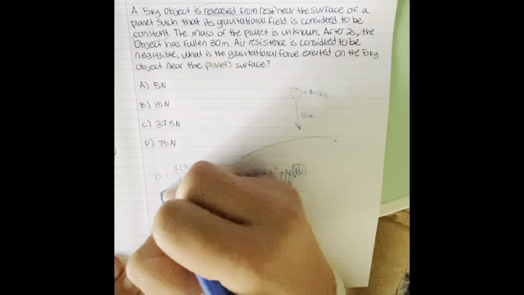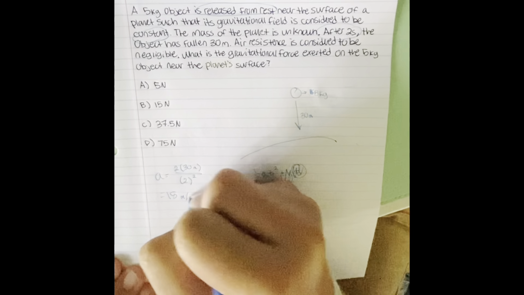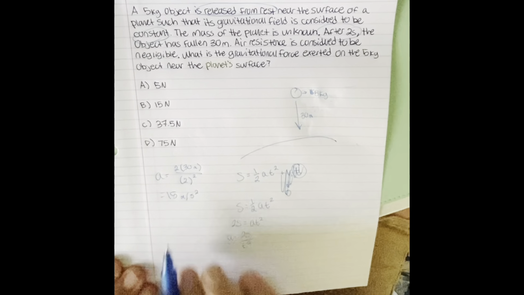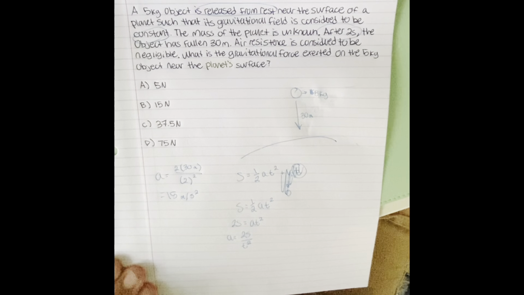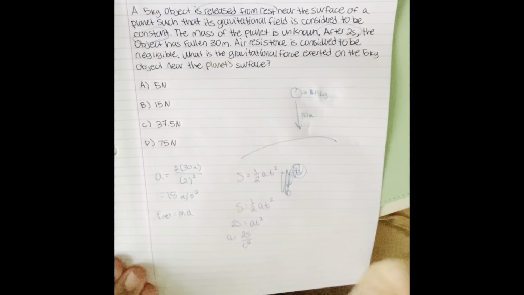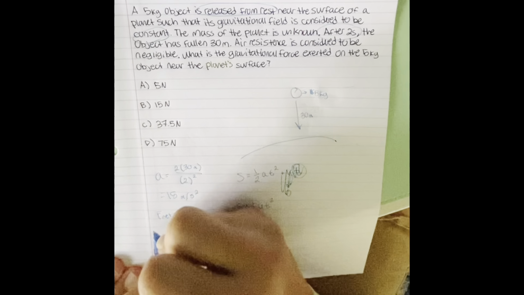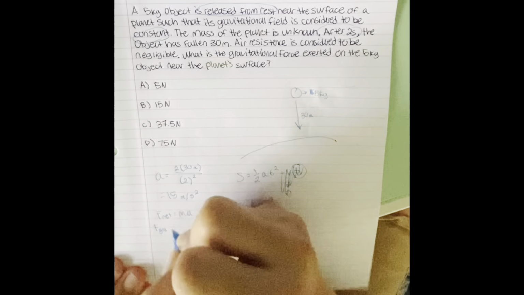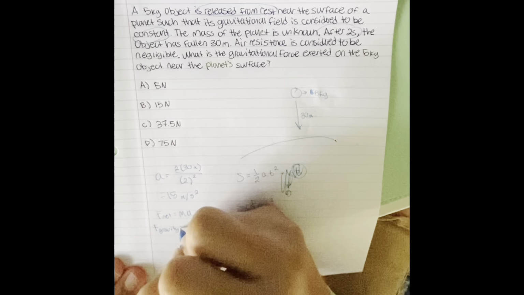But this number 15 is not our answer because this is only the acceleration, not the force. However, we assume that the only force acting on this object is the gravitational force. And since the only force acting on an object is the net force, and we know that the net force is equal to mass times acceleration, we can say that the force of gravity is equal to mass times acceleration.